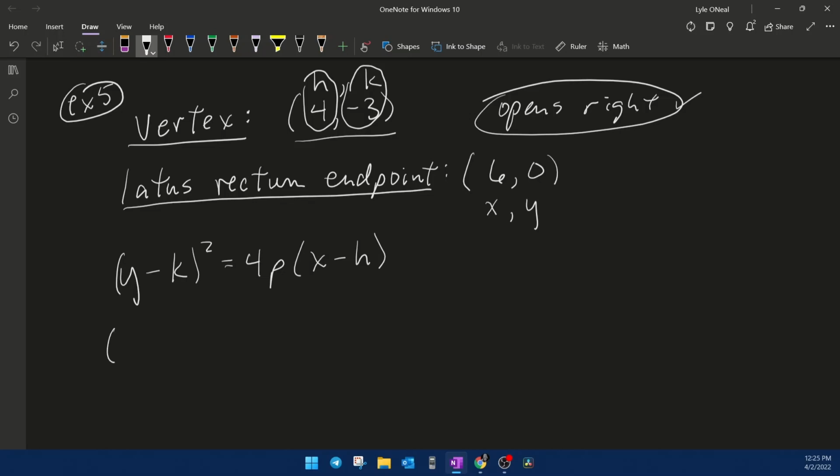So the y is going to be this value of y from the point on the graph minus k, see k is minus 3, and minus a negative makes it a positive, equals 4p, I don't know p, but x comes from the generic point on the graph, minus h is 4, and now I can solve for p.